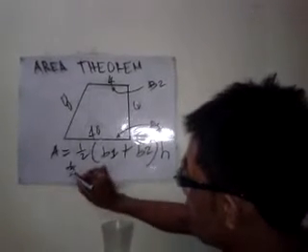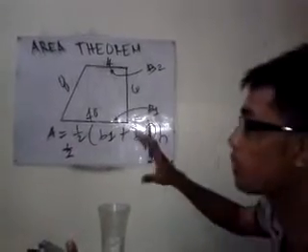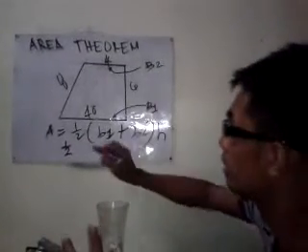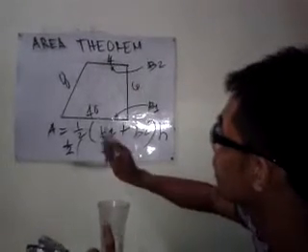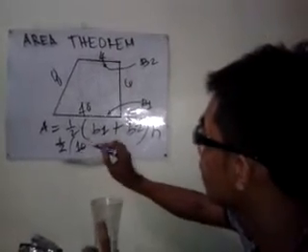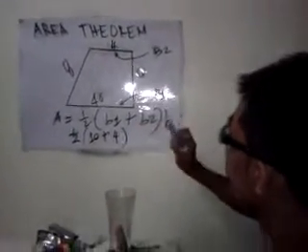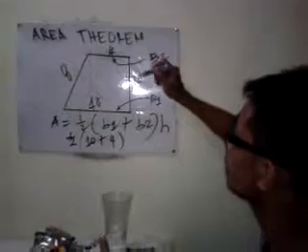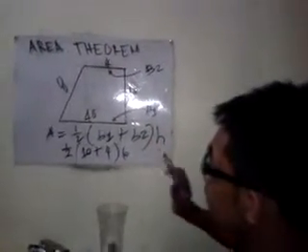By using this formula we can now solve the area of the trapezoid, and we're just going to put the 1/2 here. We should prioritize first the figures inside the parentheses. Substitution method: B1 is 10 plus B2 is 4, times the height. The height will be 6. So that's it.